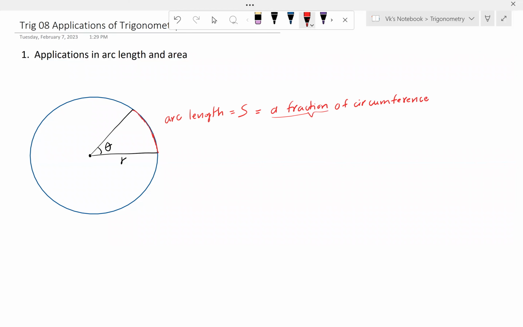The fraction is theta over 2 pi. Circumference is 2 pi r. And therefore, the arc length is theta r.